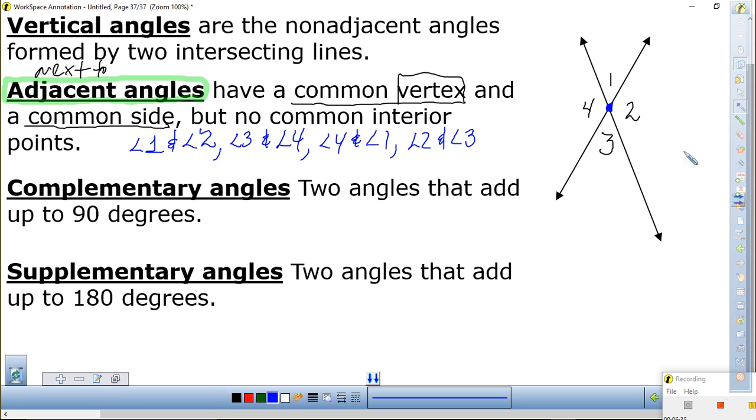Okay. Now, if angle 1 and 2 are adjacent, and 2 and 3 are adjacent, 3 and 4 are adjacent, 4 and 1 are adjacent, look at the definition for vertical angles. Vertical angles are non-adjacent. So tell your neighbor which two angles are non-adjacent. Which are non-adjacent?